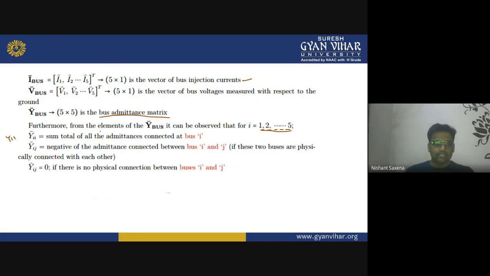This is clear. Now Yij, that is 1,2, or 2,3, or 3,4, are the negative of the admittance connected between bus i and bus j, if these two buses are physically connected with each other.